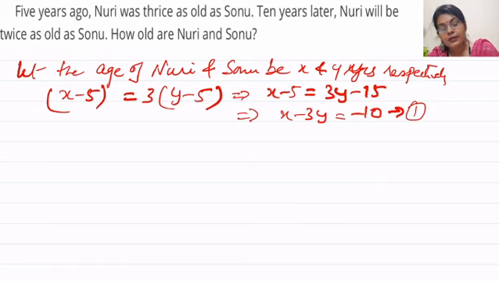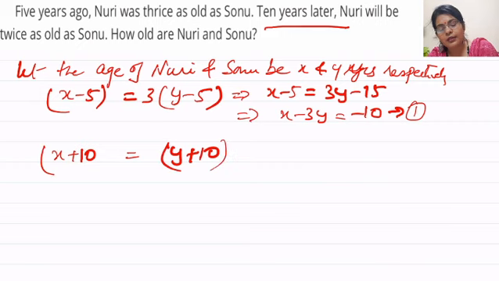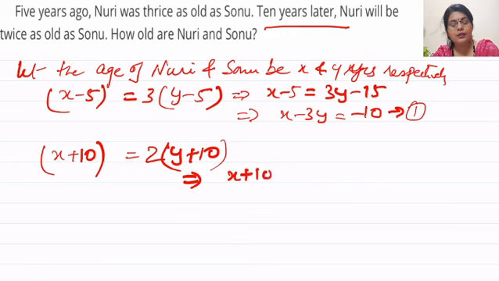Now let us come to the second part. 10 years later, later मतलब बाद में, तो हम लोग क्या कर लेते हैं, दोनों तरफ बाद में वाली बात को ऐड कर लेते हैं। 10 साल बाद, अब 10 साल बाद क्या हुआ वो देख लेते हैं। नूरी विल बी ट्वाइस एज ओल्ड एज सोनू, तो नूरी ये है, बस 2 ऐसे लगा देते हैं, हो गया अपना काम। Now simply we will just solve this equation also. x plus 10 is equal to 2y plus 20.